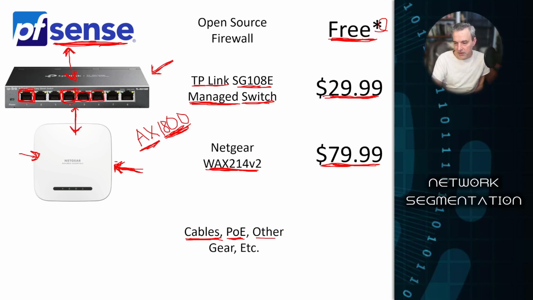And then there's some other gear that you might want to consider for this. If you're doing something like power line Ethernet, or Ethernet over coax as a way to get network around your home, there's certainly other things that you might want to consider as part of this setup.